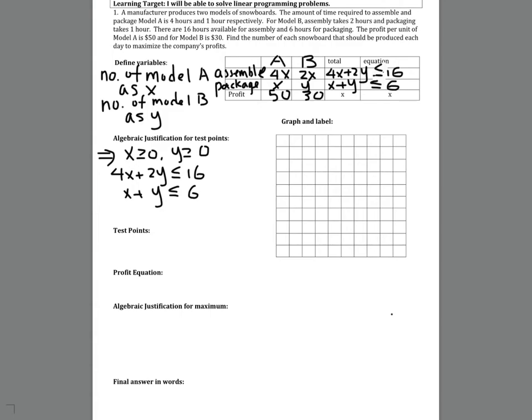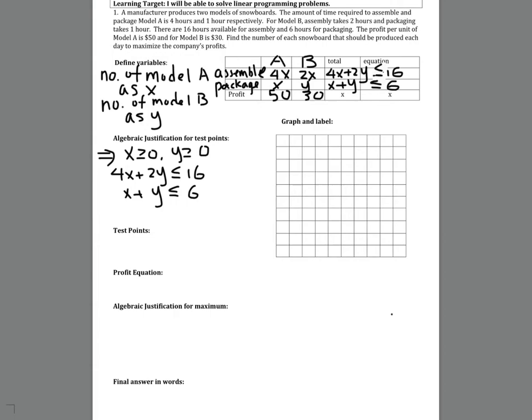Next we have the assembly. First I want to write the assembly. Do you see the very first row I write, assemble? So for each Model A, it requires 4 hours. So 4 times X would be the total hours to assemble Model A. Second, Model B takes 2 hours to assemble.